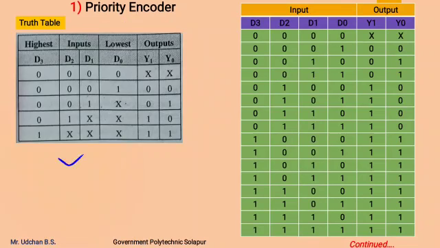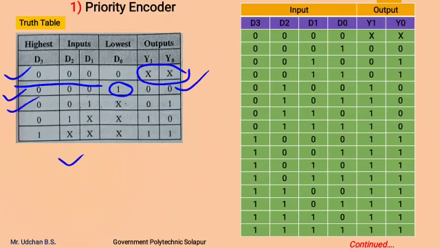Here a short truth table is shown. In the first condition, all the inputs are 0, and Y1 and Y0 are shown as a don't care condition, meaning we will not predict what the output is. In the second case, D0 is 1 and all other inputs are 0, then we get output 0 0.